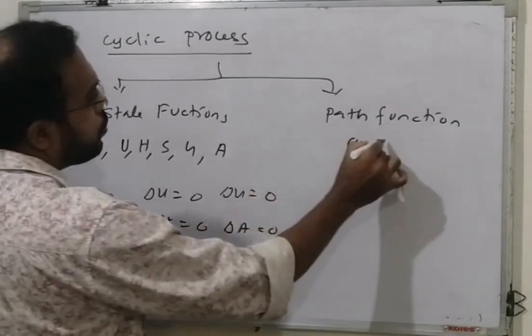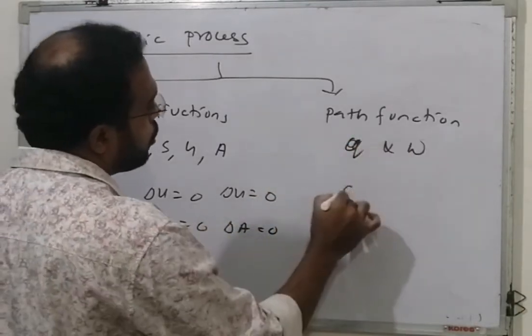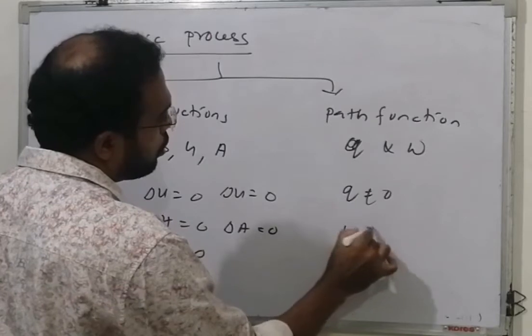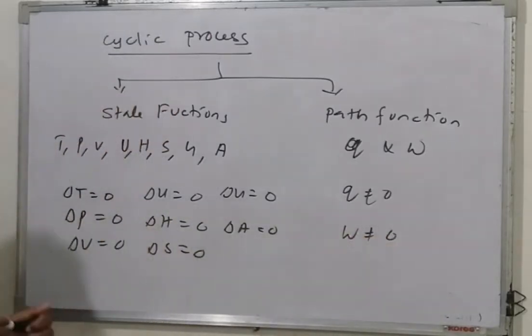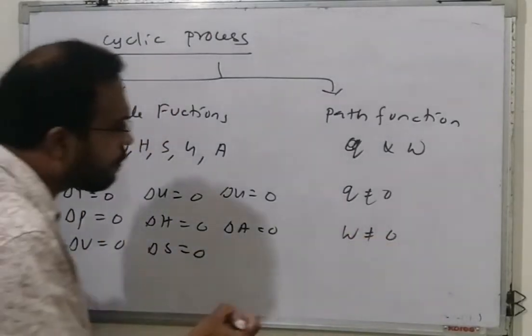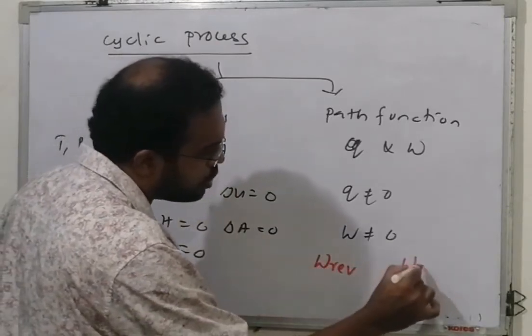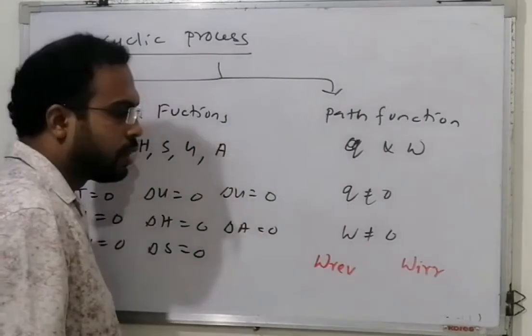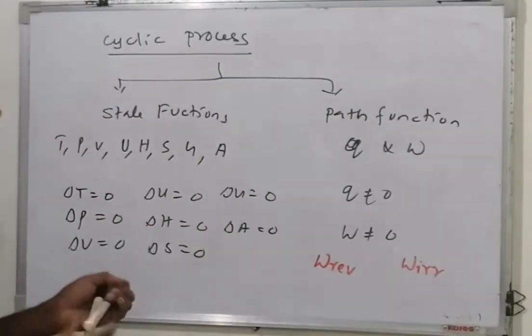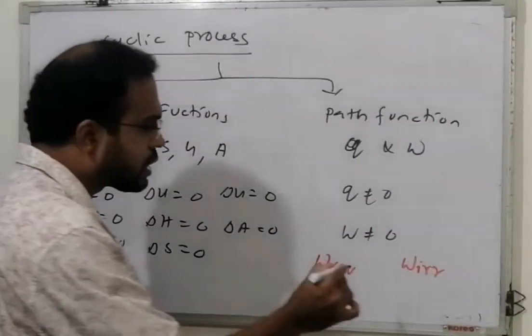Path functions Q and W: Q is not equal to 0, W is not equal to 0. But for a cyclic process, suppose a reversible cycle and an irreversible cycle, very very important. Work reversible and work irreversible: which is higher?